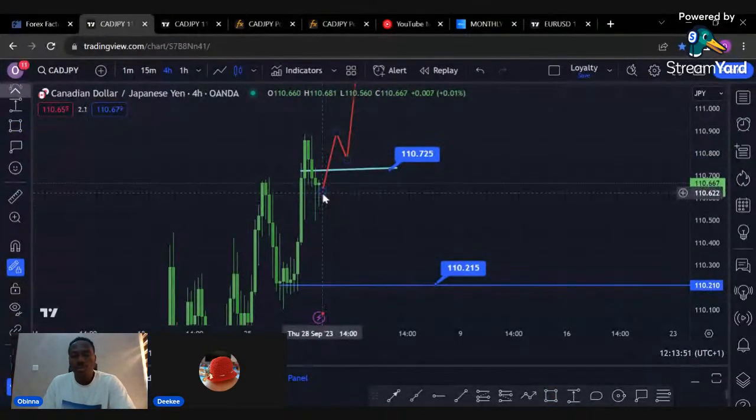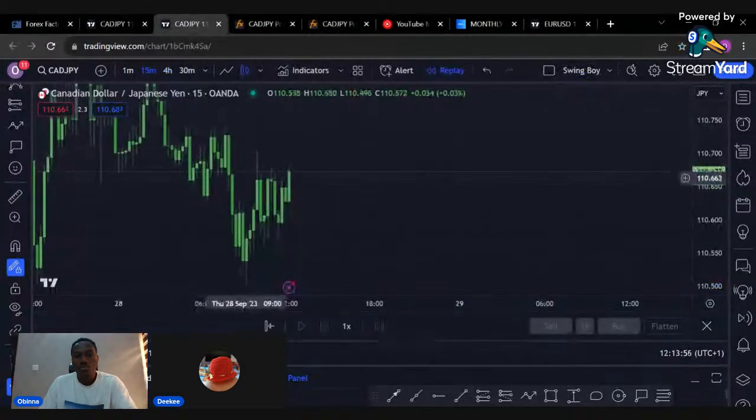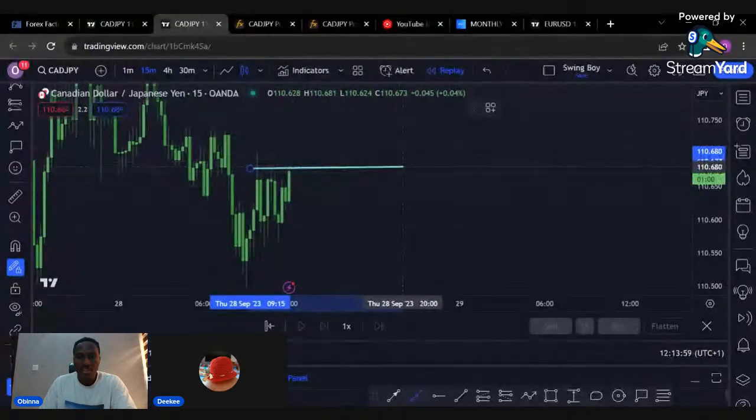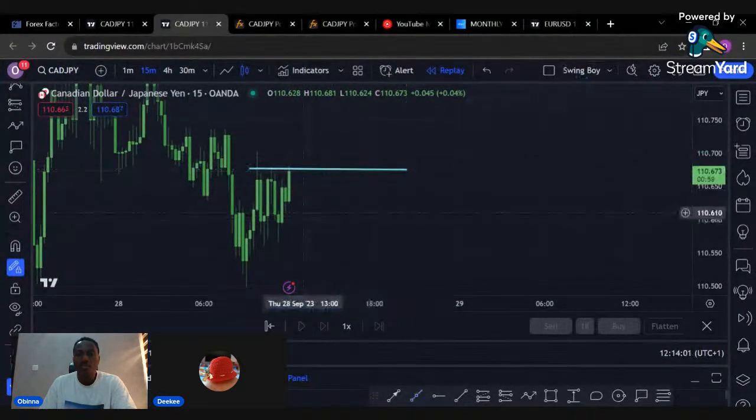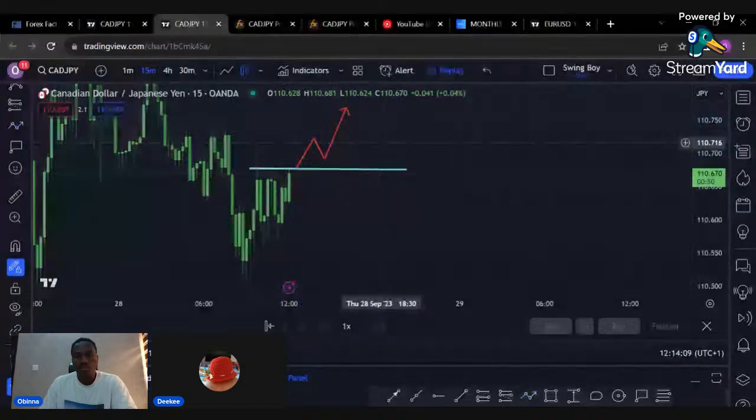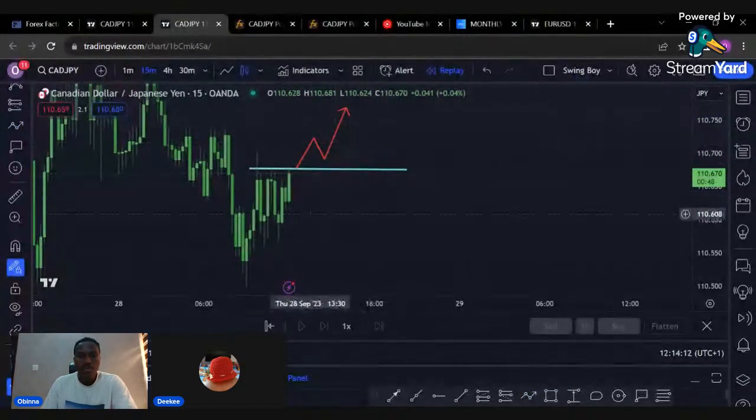If you're using the lower time frame, the 15 minutes, you want to see that the lower high, which is this place, is clearly broken before you think of buying. So you want to see price break this area, retest to continue going up. That's what you want to see before you think of buying.